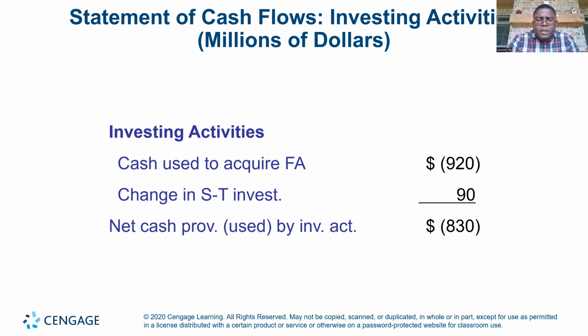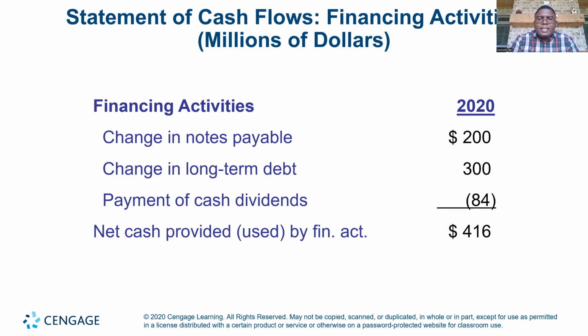All right, the last part of the statement of cash flow is financing activity, cash flow from financing activity. So we have the change in notes payable, and then we also have the change in long-term debt, and we have the change and the payment of cash dividend.